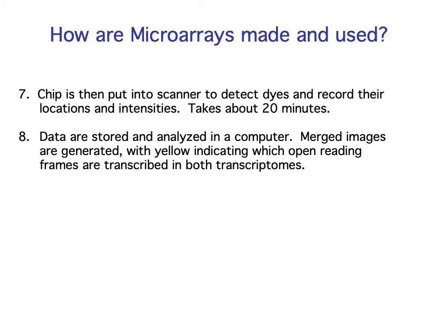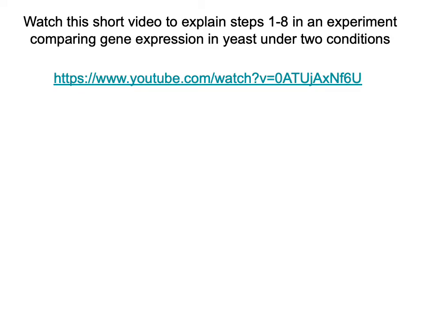The data will be stored and analyzed in a computer, and then merged images are generated. So yellow would indicate genes or open reading frames that are transcribed in both of the different kinds of cells, right, in both transcriptomes.